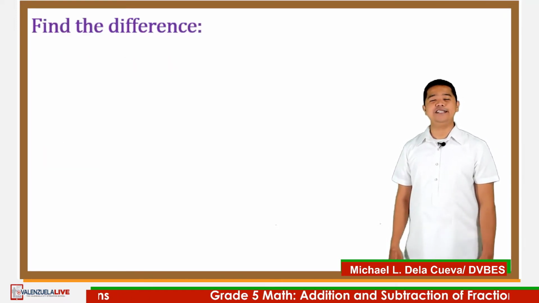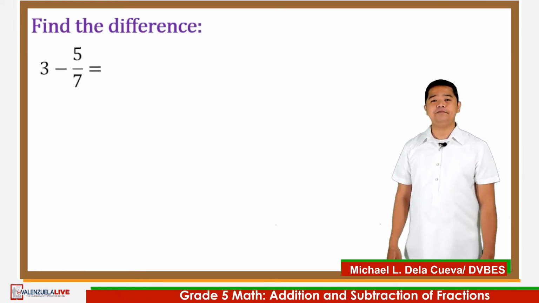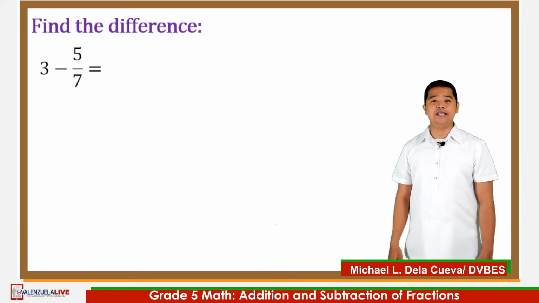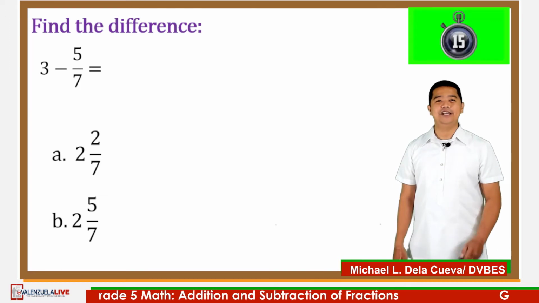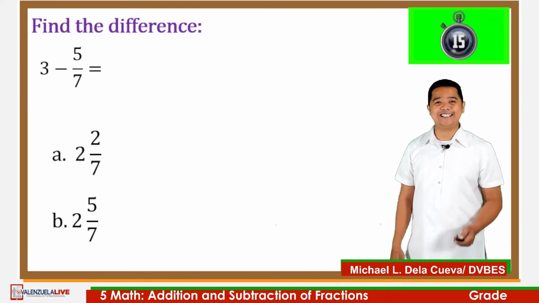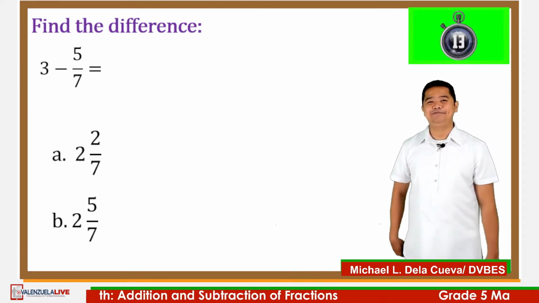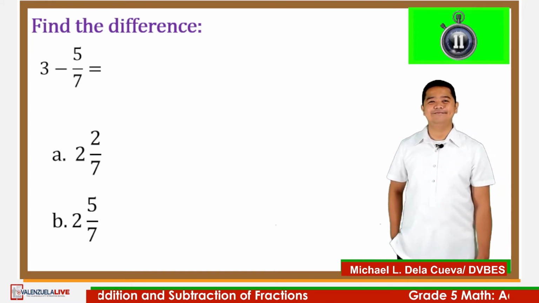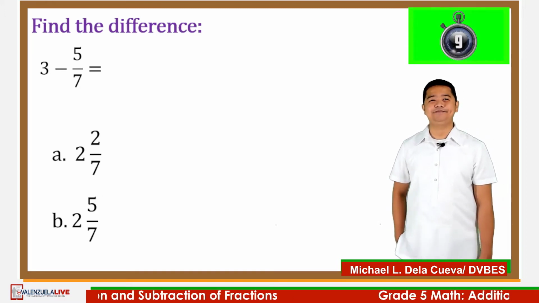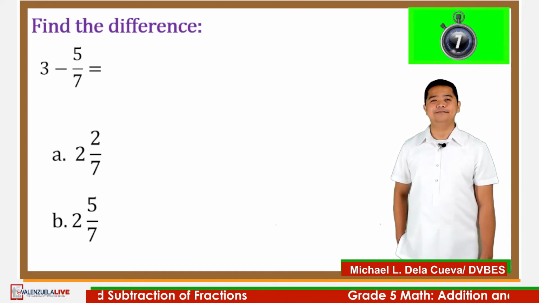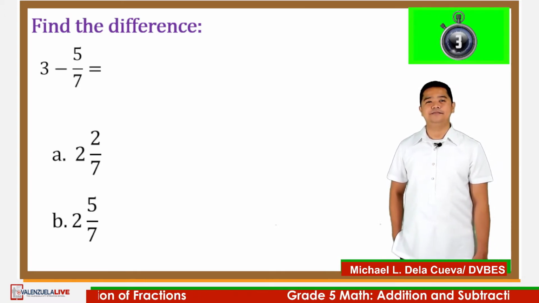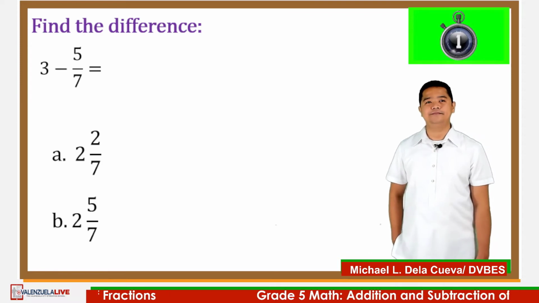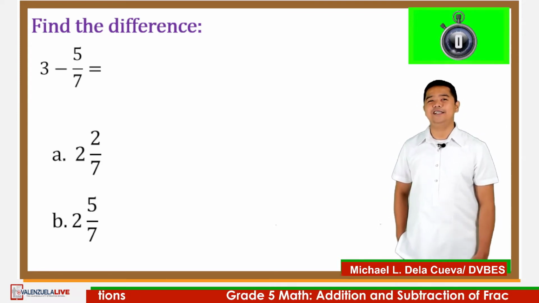Okay, let's have another example. 3 minus 5/7. Is it A or B? You have 15 seconds. Okay.